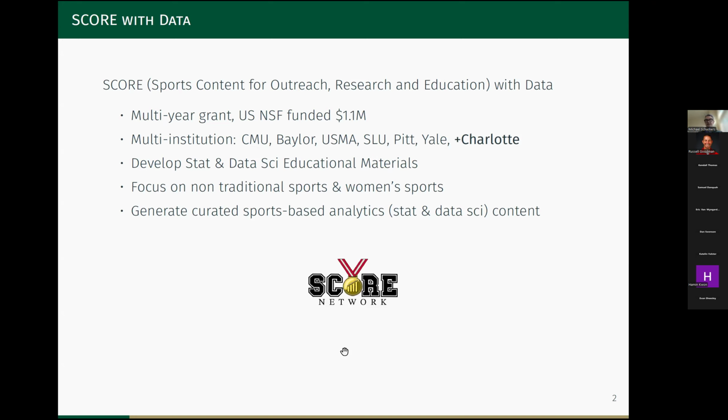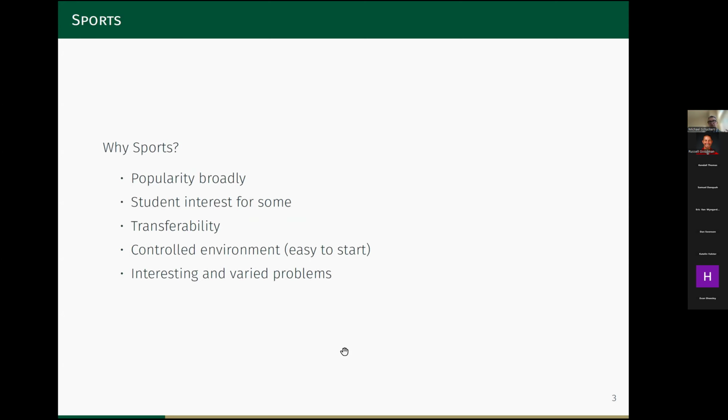Again, the idea here is to broaden the pipeline of students who would be interested in statistics and data science, and we want to generate curated educational content. And there's our little logo. I probably don't have to say this to this audience, but sports is broadly popular. Students often come with subject matter knowledge, interest and questions, and hopefully the things they learn in our classrooms are transferable to other environments.